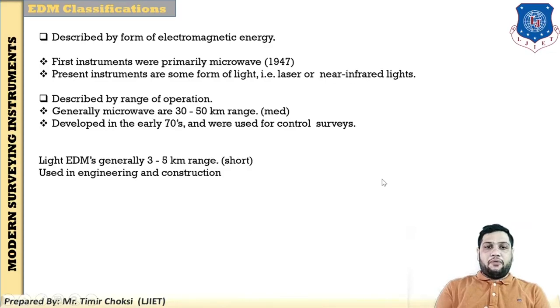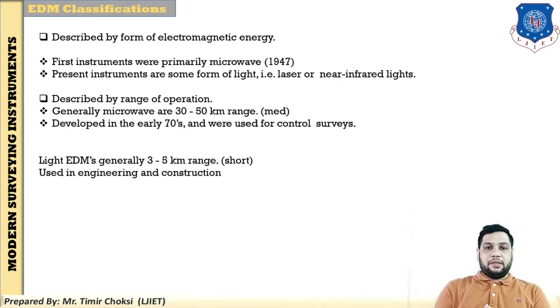Then, described by the range of operation: microwave instruments generally have a 30 to 50 kilometer range, were developed in the early 70s, and were used for control surveys like horizontal control point and vertical control point surveys. Light EDM generally has a 3 to 5 kilometer range and is used in engineering and construction.